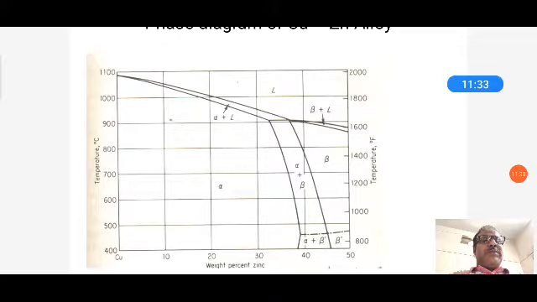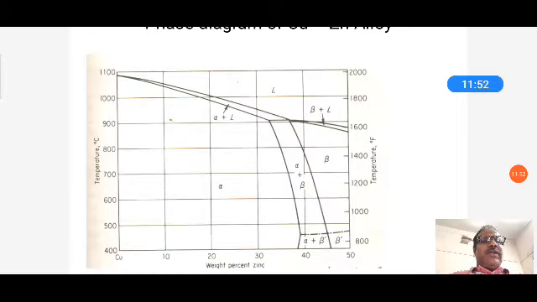So the alpha plus beta brasses are used in some applications, and at a higher temperature alpha plus beta forms. Below 450 degrees centigrade, the alpha plus beta changes to alpha plus beta prime structure at room temperature.